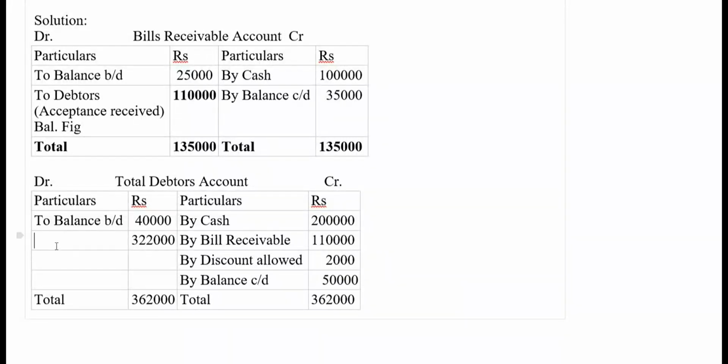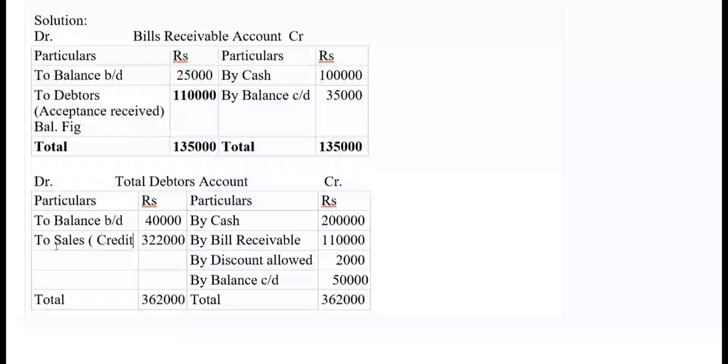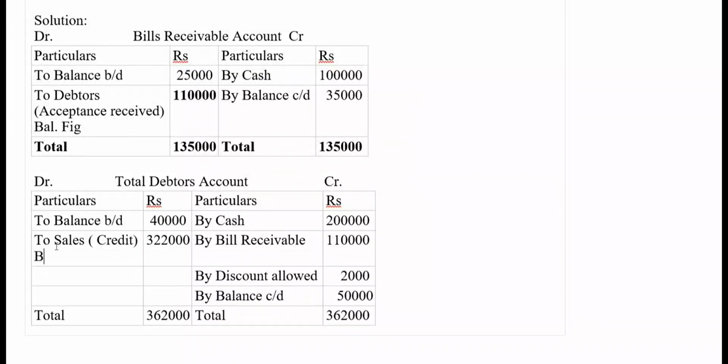This is nothing but the credit sales, so to sales in the bracket credit. Let me write balancing figure. This is the amount we found by preparing the total debtors account, which is the credit sales achieved during the year.